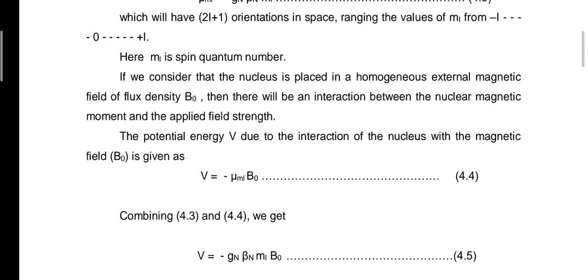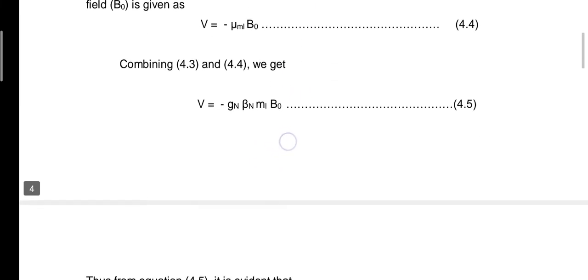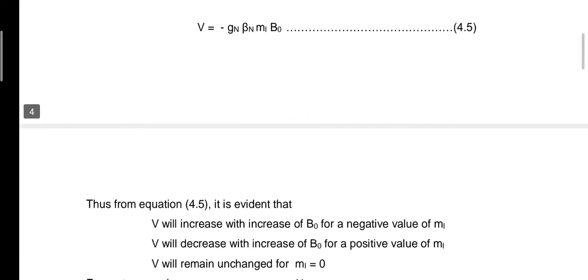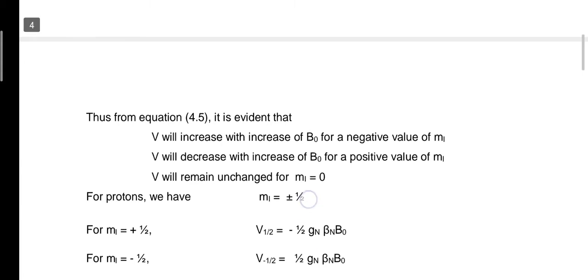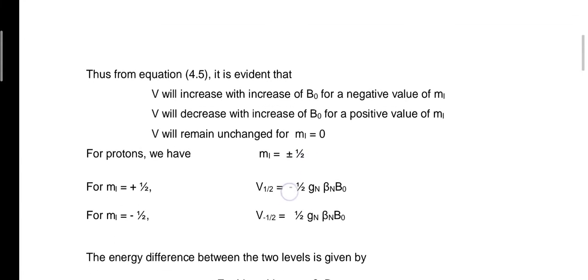This is also important: the V will increase with increase of the magnetic field, and m_I is the magnetic spin quantum number.